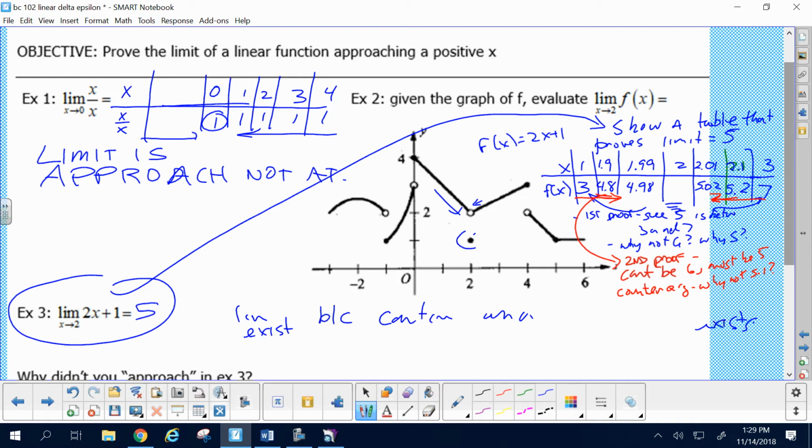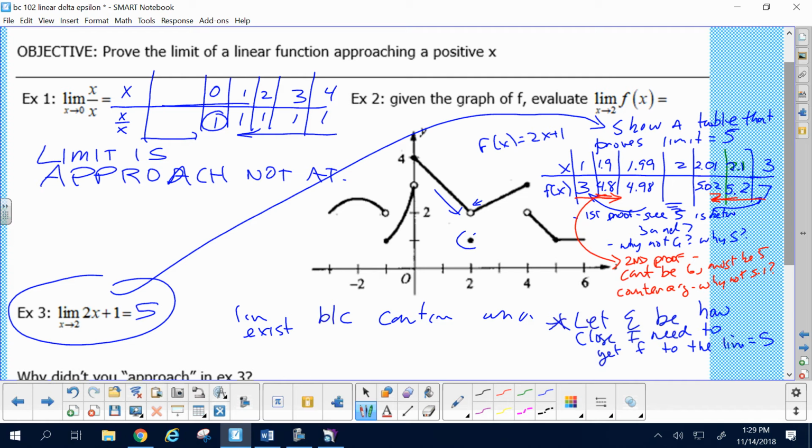So let epsilon be how close I need to get f to the limit, which I say is 5, right?